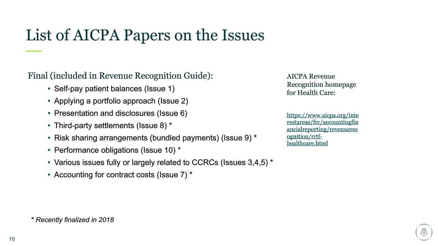And they've been working on these issues for quite some time. We appreciate their efforts. What you see on the slide is a listing of the specific issues that this group has tackled. All of these issues are now finalized and they are incorporated into the AICPA Revenue Recognition Audit and Accounting Guide in Chapter 7, which relates to healthcare entities.